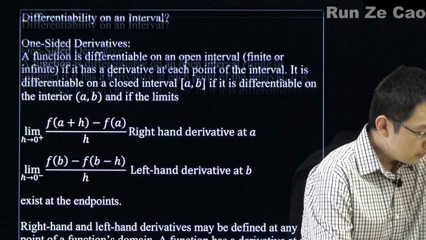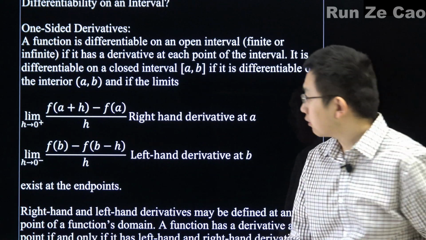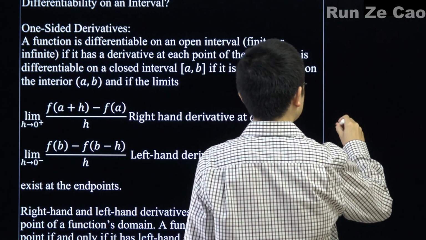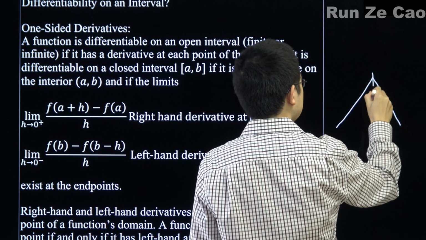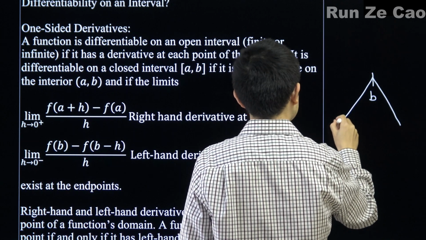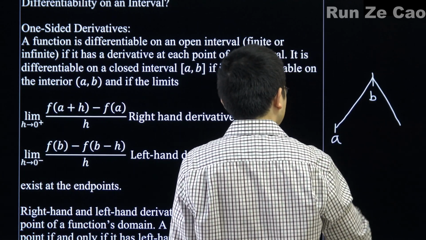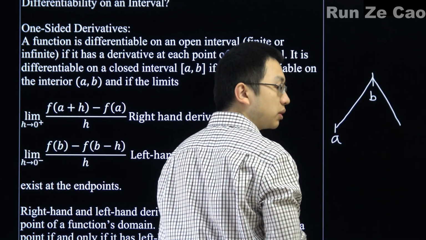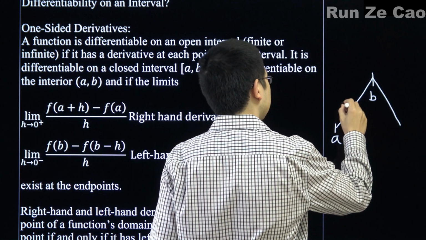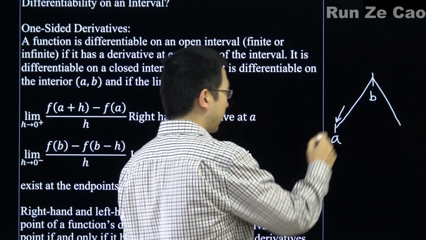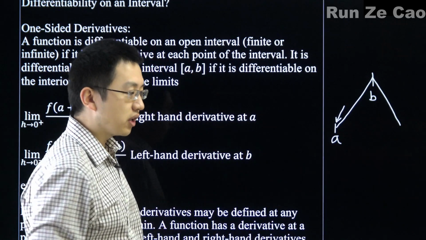Now, if it's differentiable on the interior, like say this line here, if this here is B and this is A, then, while in the interior it's differentiable, say this is a straight line, it would be constant slope. And, okay, we get closer and closer to there, and we see that it is still this slope.